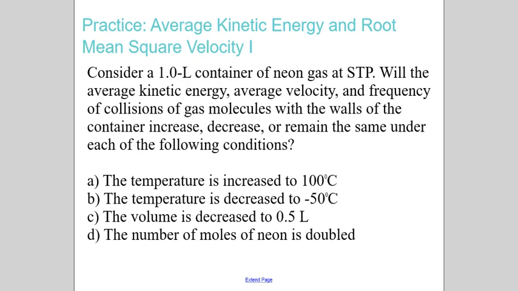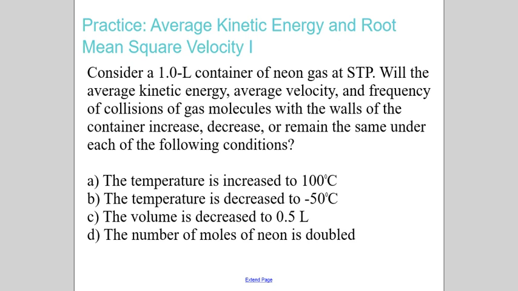So practice using the average kinetic energy and root mean square velocity. Consider a 1 liter container of neon gas at STP. Will the average kinetic energy, average velocity, and frequency of collisions of the gas with the walls of the container increase, decrease, or remain the same as we do each of these things? For A, the temperature is increased to 100 degrees Celsius. So is that going to increase, decrease, or remain the same with the number of collisions with the wall?